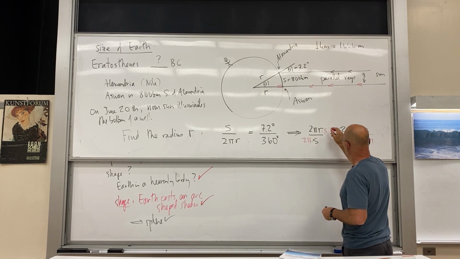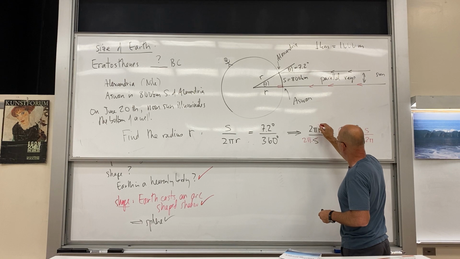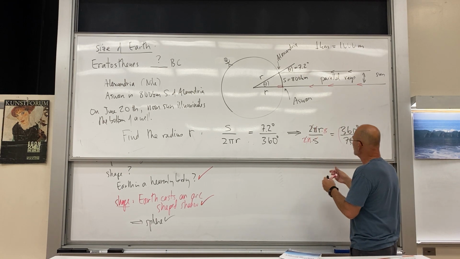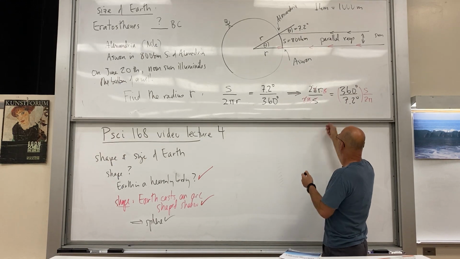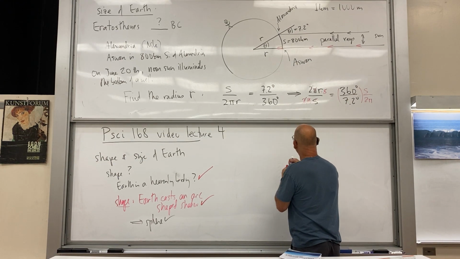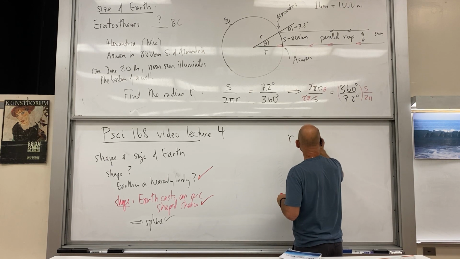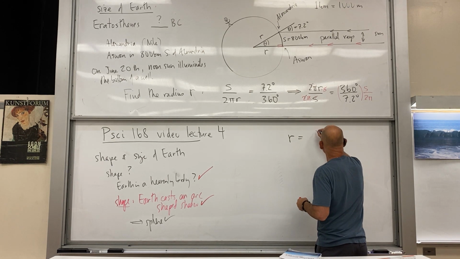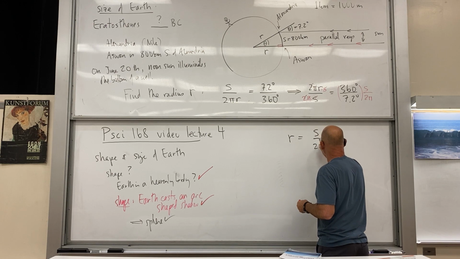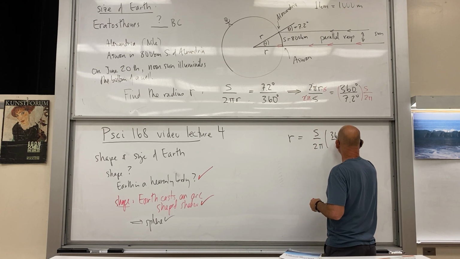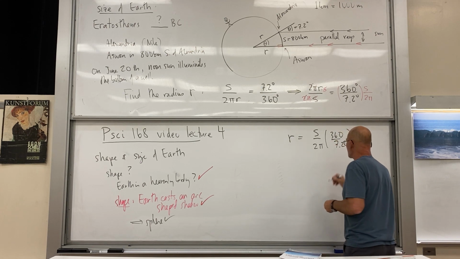And then s cancels, 2 pi cancels, and I'm left with r. So I'll write down for us r is equal to s over 2 pi times 360 divided by 7.2.